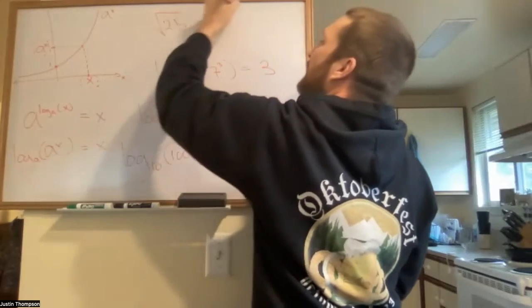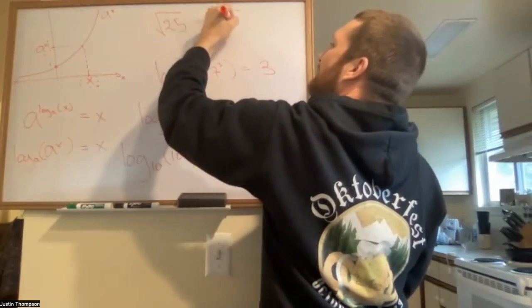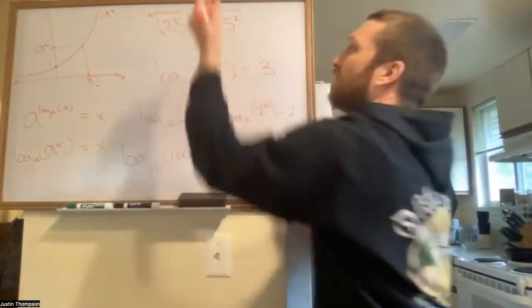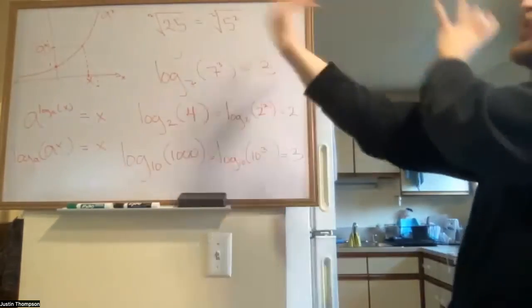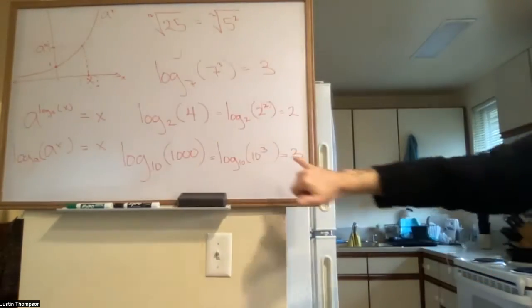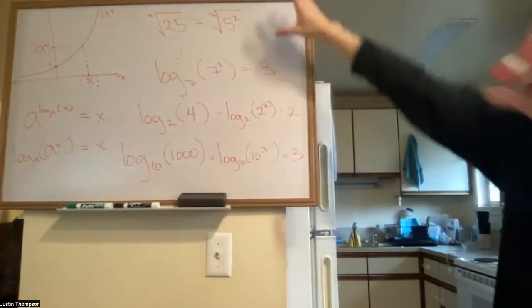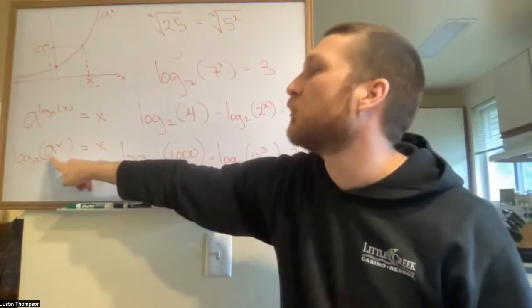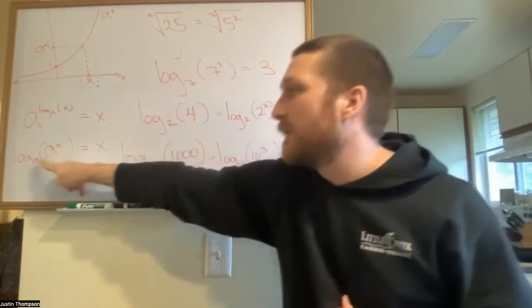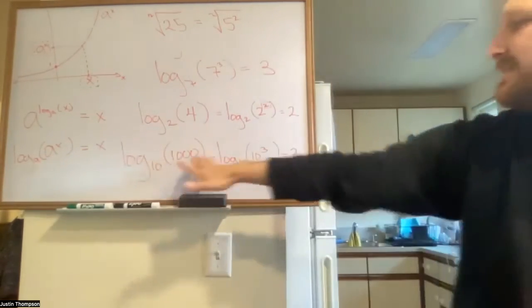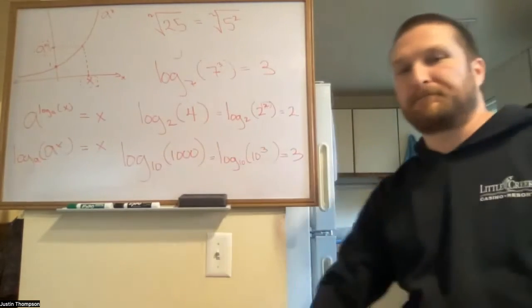If you could write that as something squared, then you know that the square root just undoes what you just did. That's what we're doing here. Push something forward with a to the x and then pull it right back, and you end up where you started.